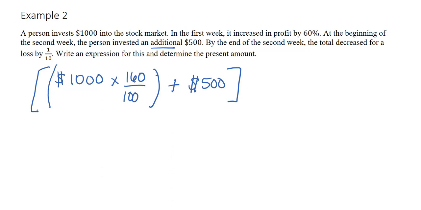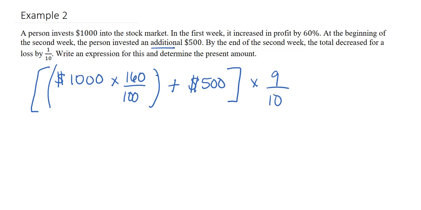By the end of the second week, the total decreased for a loss by 1/10. If you're going to decrease by 1/10, that means you only have 9/10 remaining. So we go times 9/10, because then you have the remaining.